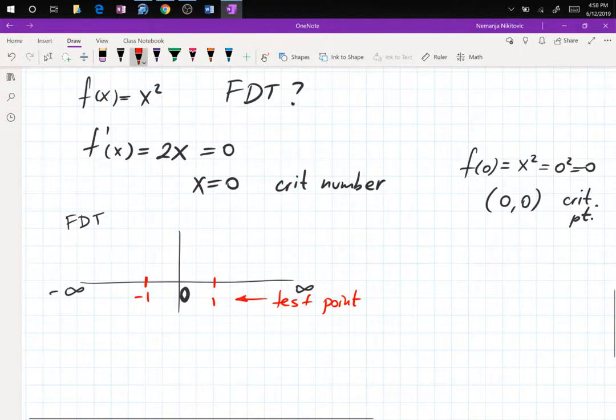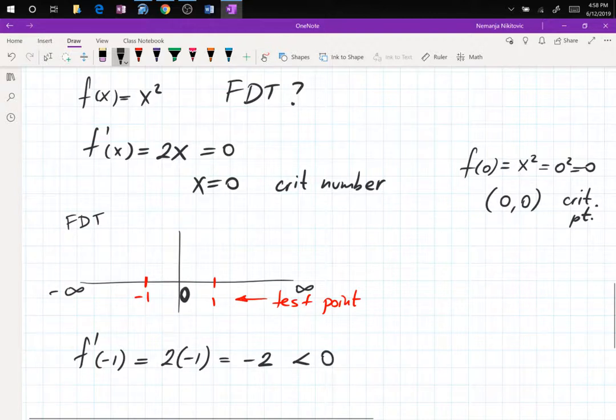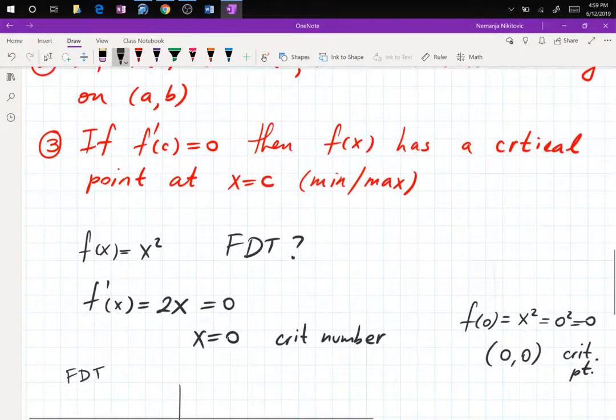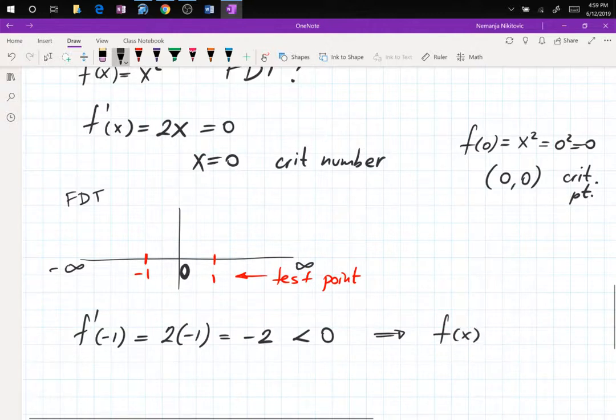So what you do is you work on your f prime at -1. Well, the derivative f prime is 2x, so it's 2 times -1, which gives us -2. -2 is less than 0, which by our rule over here says that f of x is decreasing, so we'll draw the arrow to signify the decrease.